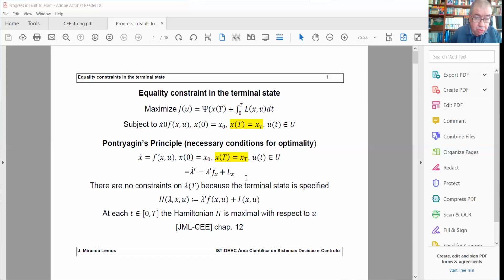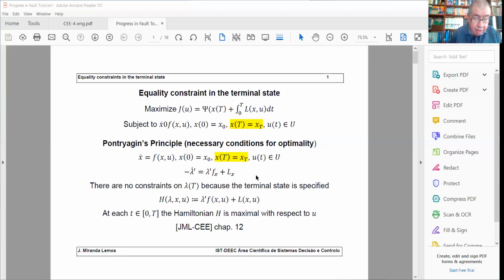So what you have to do is to carry these constants, and in the end you end up with your control depending on some constants that are related to the fact that you are not imposing conditions on the cost state at some point.